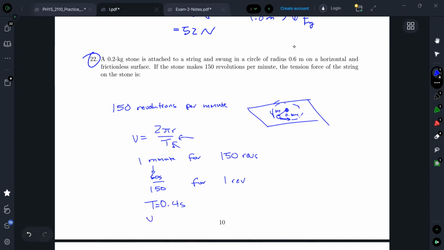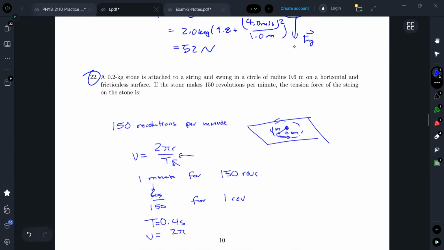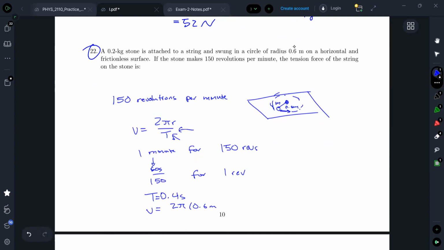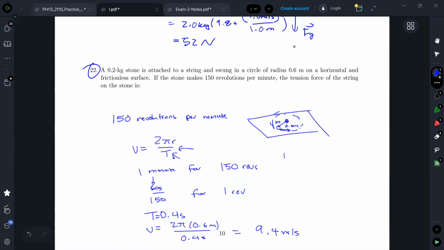And so our speed is 2 pi times 0.6 meters over 0.4 seconds. I get 9.4 meters per second. And that's going to be relevant in that our centripetal force is the force provided by tension here. That's what's acting towards the center of the circle.